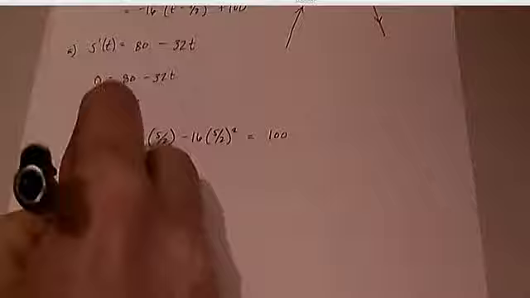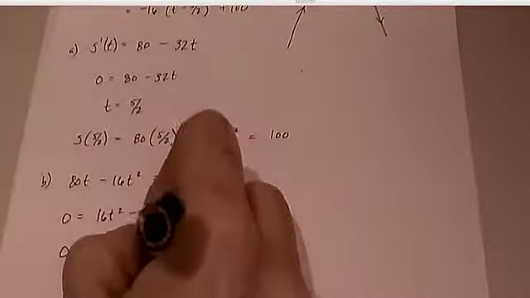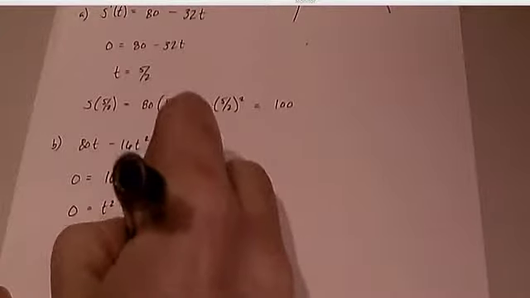Well, let's go ahead and shove all of that over on one side. Let's go ahead and divide through by 16, because I can. Okay, and I notice that this factors very, very easily, and apparently the projectile, or the ball in this case, is at 96 feet at 2 times.